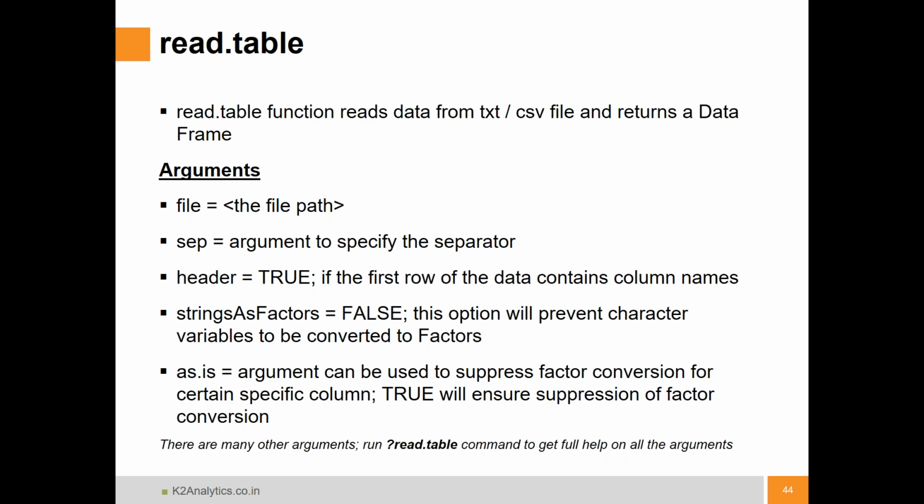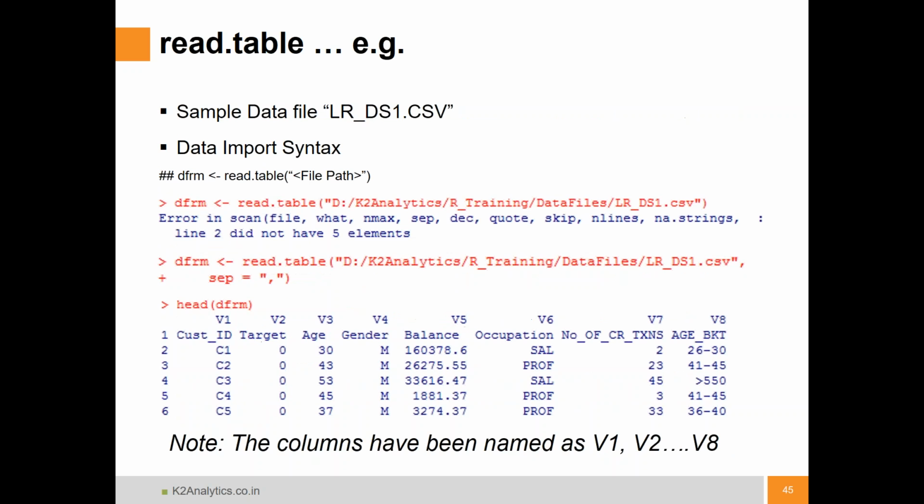So let us see our import command. The first import command that we are going to run is this one. Here I have given the full folder path where my file is.